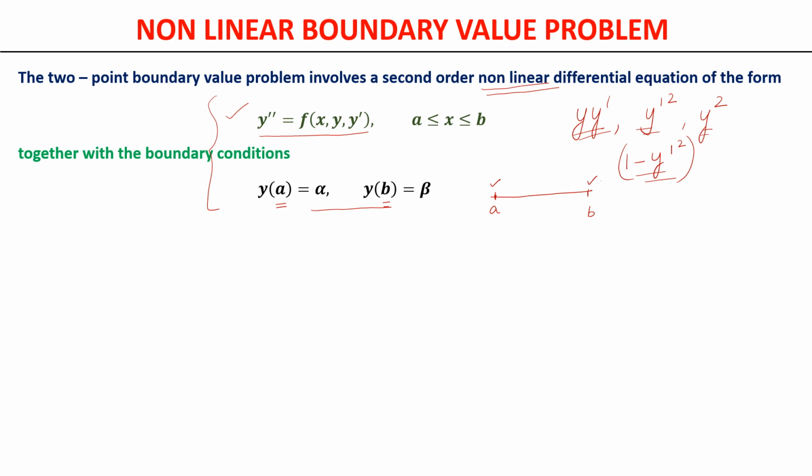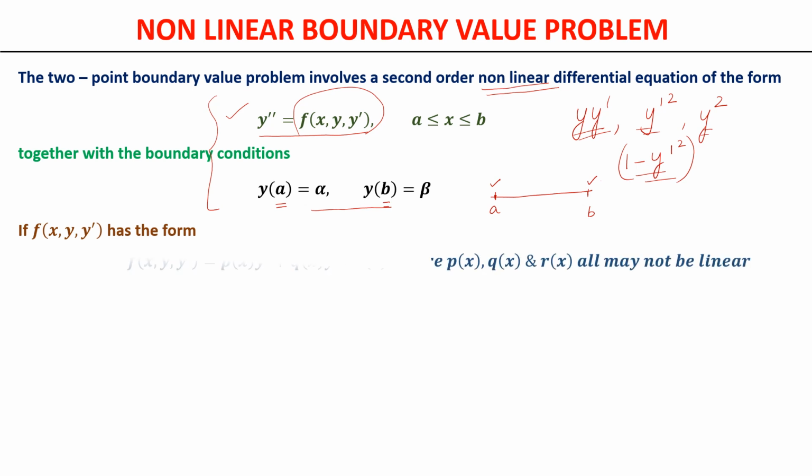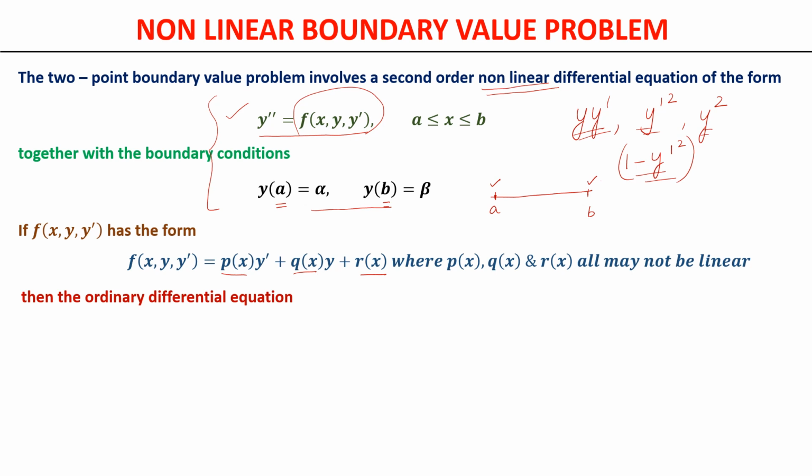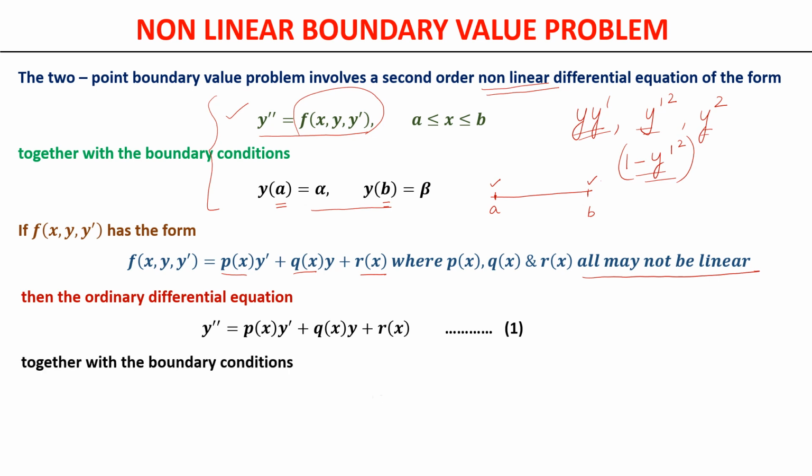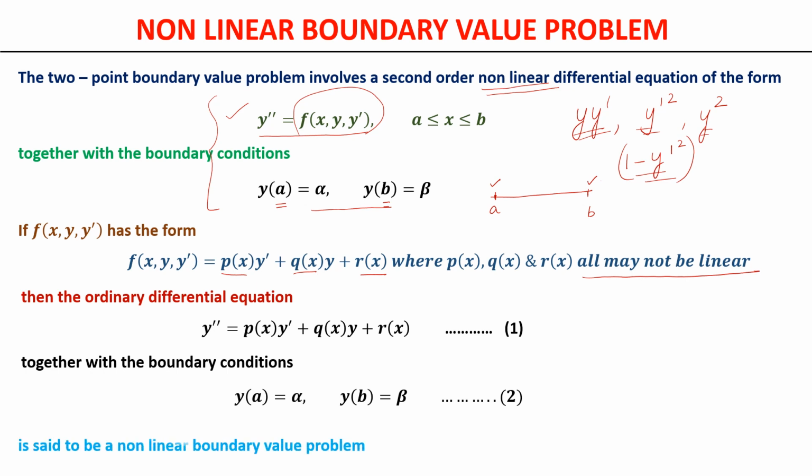Explicitly, if we define f of x, y, y dash to be of the form p of x y dash plus q of x y plus r of x, where even if one of these terms contains a nonlinear term, you call the differential equation nonlinear. In that case, that differential equation along with the boundary conditions specified above would be called the nonlinear two-point boundary value problem.